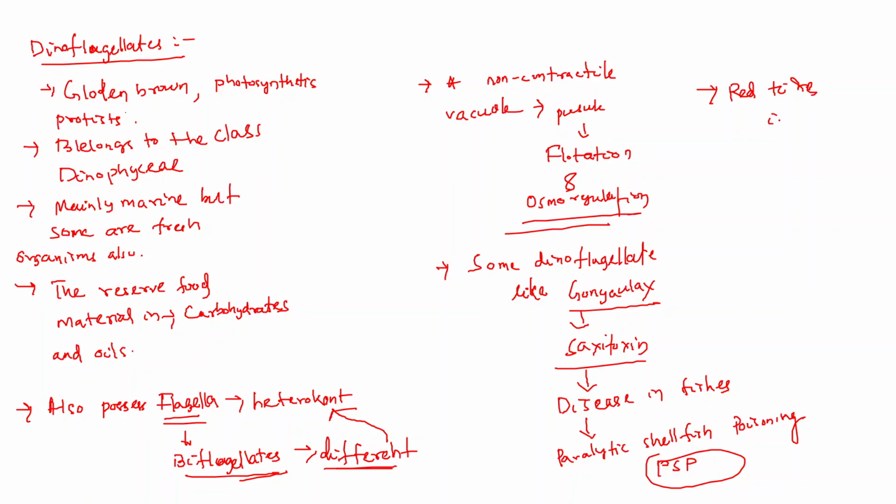A possible sub question: red tide in the sea is due to which organisms, or which group do they belong to? They belong to dinoflagellates. Then the next photosynthetic protist is euglenoids.